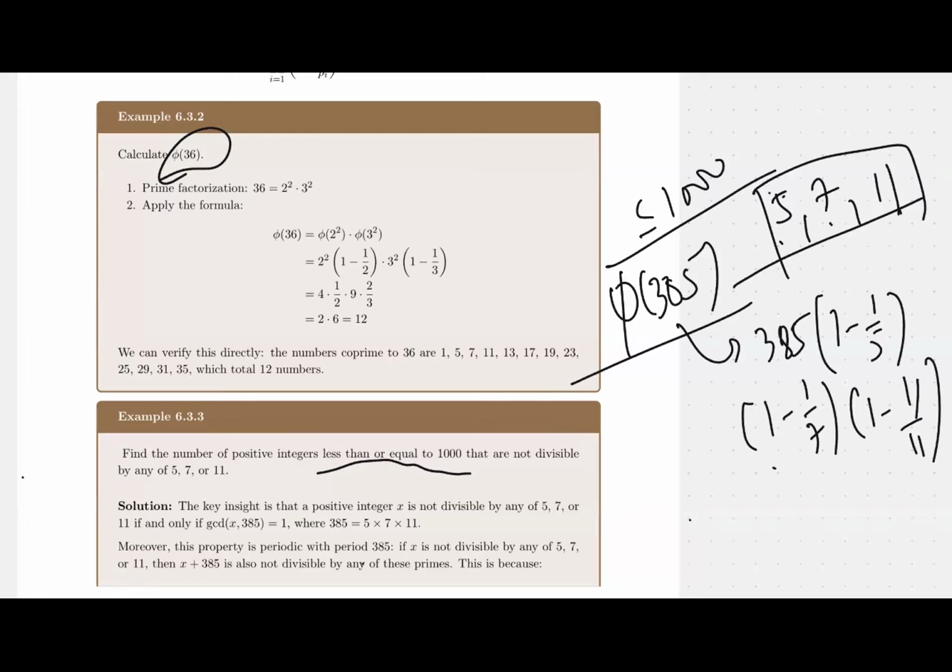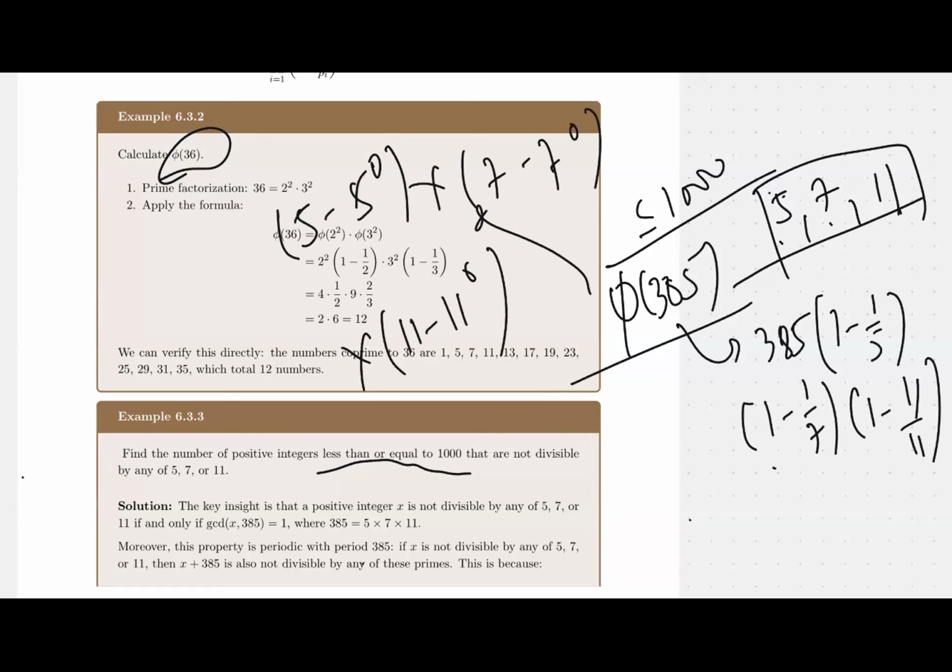Or (5 minus 5 to the power 0) times (7 minus 7 to the power 0) times (11 minus 11 to the power 0). Correct? Remember the formula p to the power k minus p to the power k minus 1.